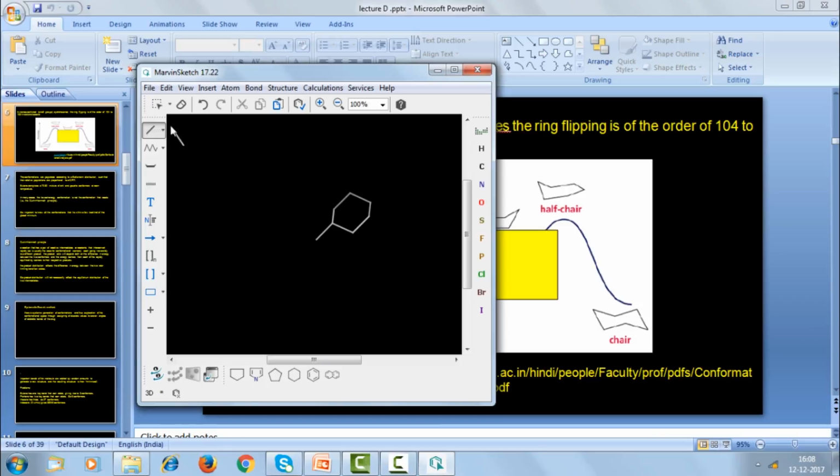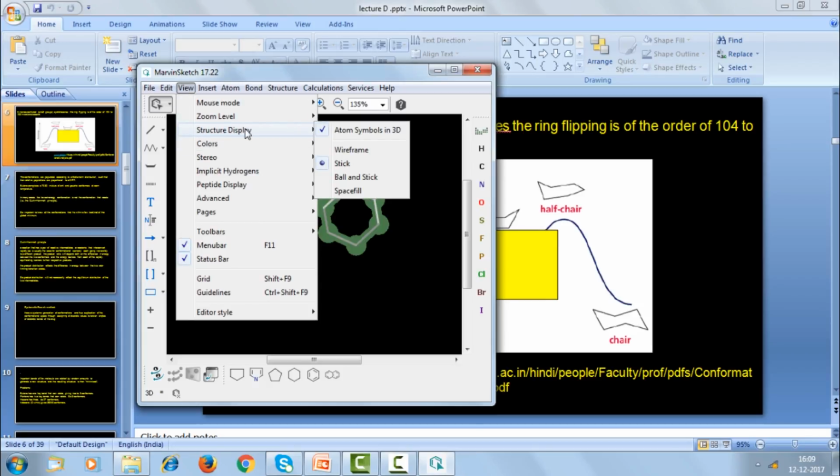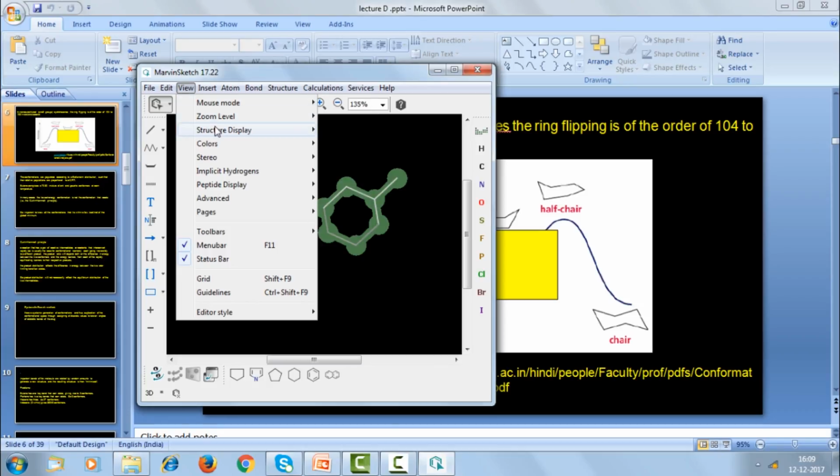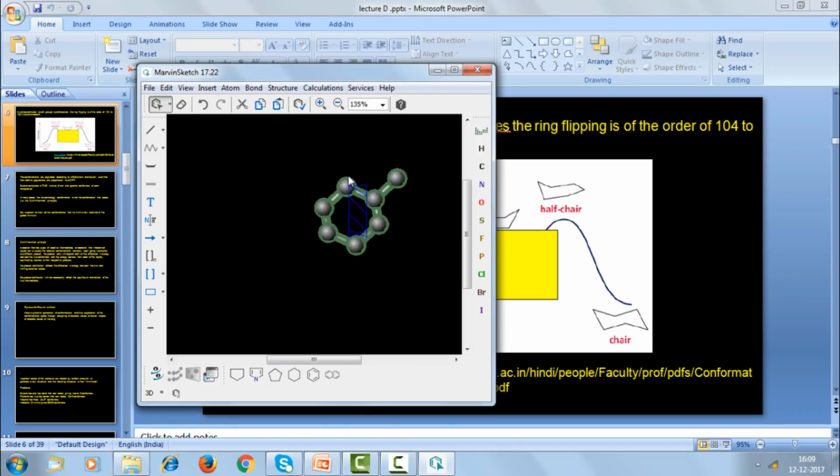Okay, so we have the 3D version of this, and we can look at it like this. Okay, so this is not the minimum energy conformation. In Marvin sketch, as you know here, we can view it in different forms. I had mentioned it before, so it can be a wireframe type of form, ball and stick.